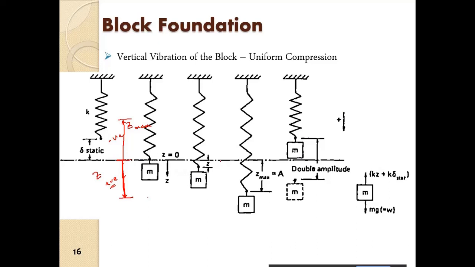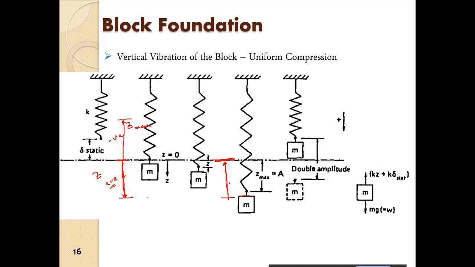Now what about the acceleration? When the mass is at the maximum displacement, it is experiencing the maximum amount of force. So this force is maximum here, k into z max. As the displacement decreases, as the mass goes up, the force also decreases.